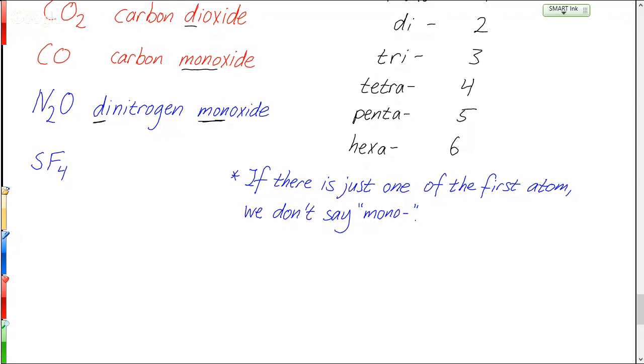Yep. Very good. Sulfur tetrafluoride. So we recognize that there's no metal there, so we're not doing any of the stuff that we did before. We just say exactly how many of each thing there are, and we leave the mono off of the first one. So this would be sulfur tetrafluoride.